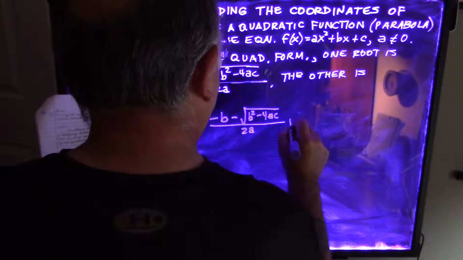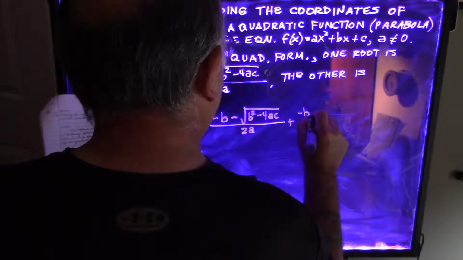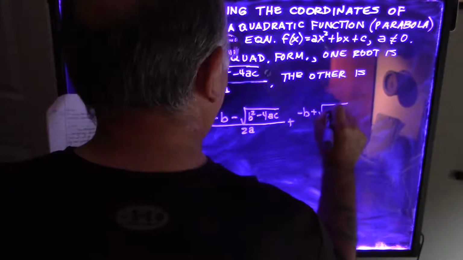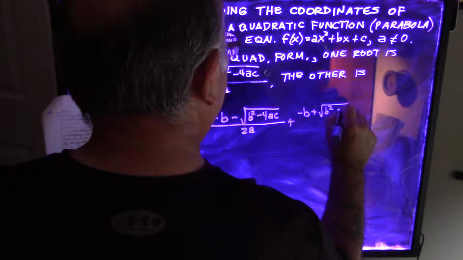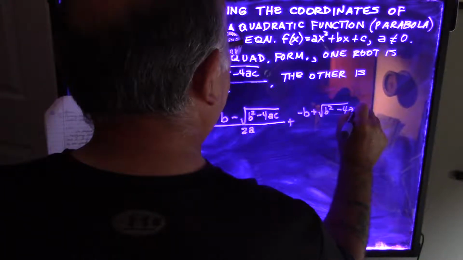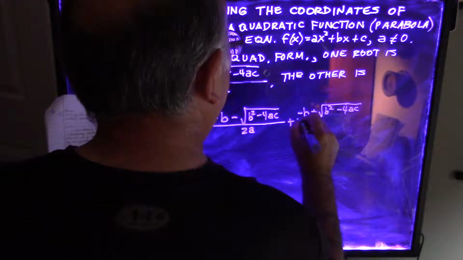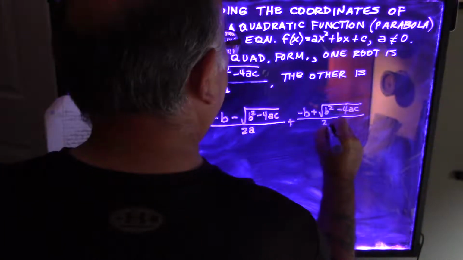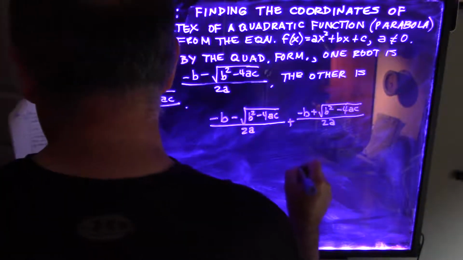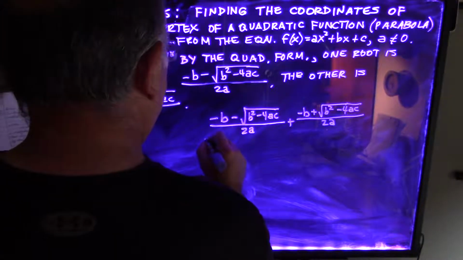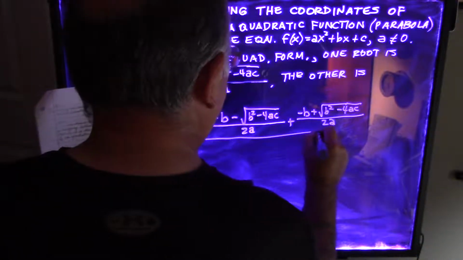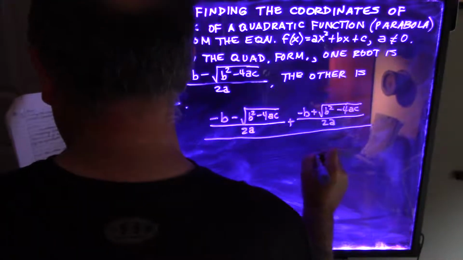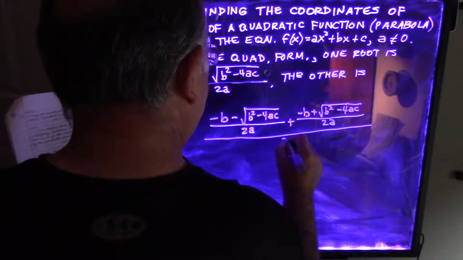Add to that negative b plus square root of b squared minus 4ac all over 2a, and you might start to think that this is going to be pretty nasty, but don't worry, it simplifies very nicely.